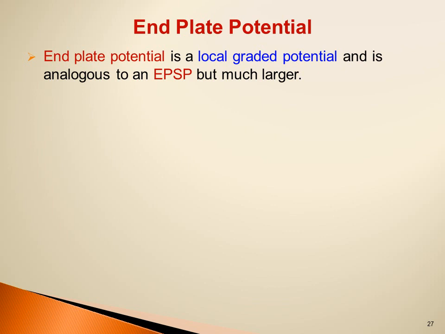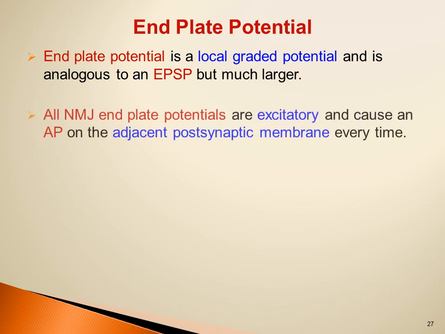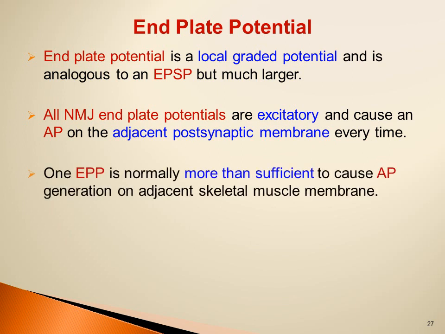As I said, the end plate potential is a local graded potential and is analogous to an excitatory postsynaptic potential but much larger. All neuromuscular junction end plate potentials are excitatory and cause an action potential on the adjacent postsynaptic membrane every time an action potential arrives at the presynaptic membrane.